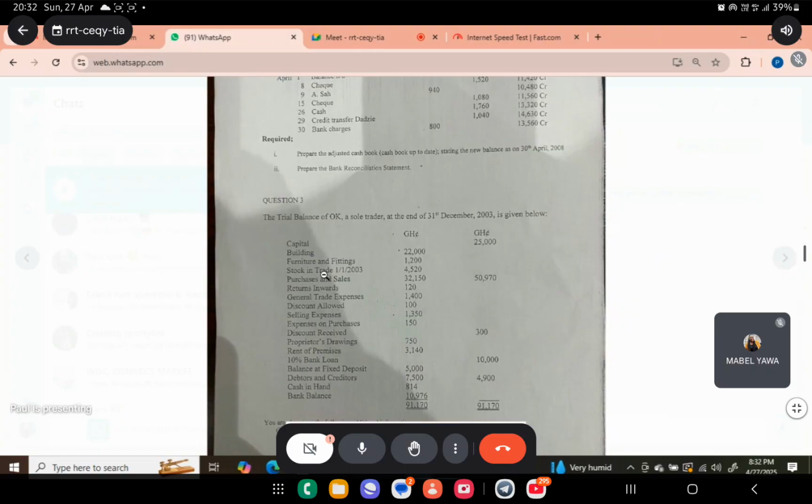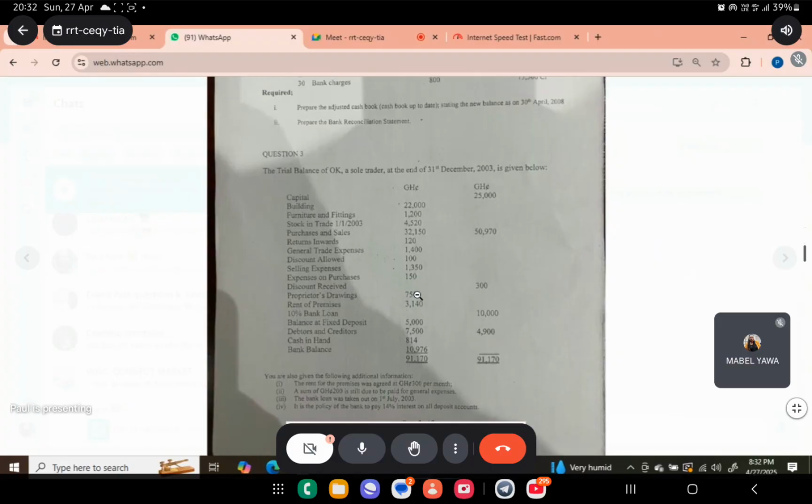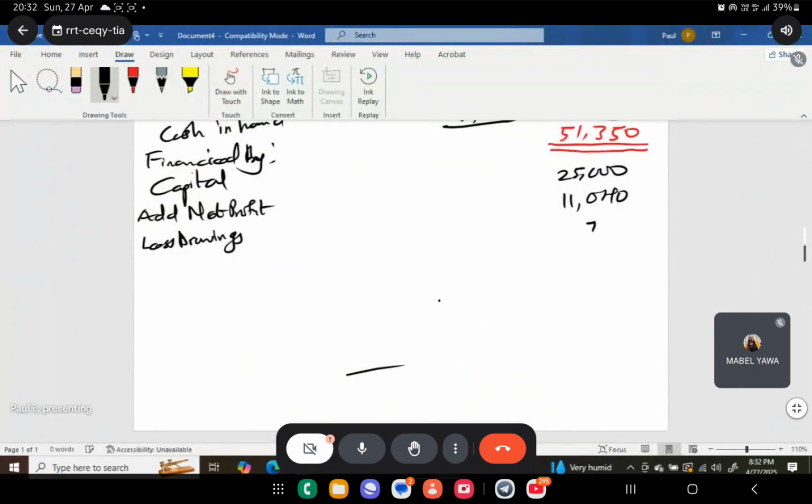Okay, proprietor's drawings 750. So that drawing will be subtracted. So we subtract that drawing. Let me put it in the bracket. So 25,000 plus 11,040 minus 750 will give us 35,290.